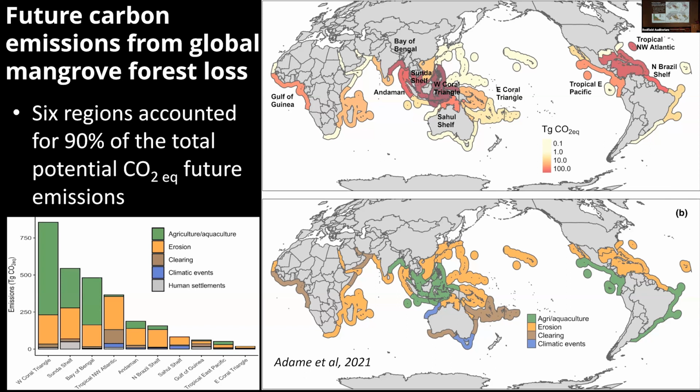And where we see a lot of it, again, this conversion happening, and the emissions in terms of CO2 coming from this are really happening within that area of Southeast Asia. Again, a lot of that's driven by, and I'll go into it shortly, just a few deltas within the region that have lost thousands of square kilometers of mangrove ecosystems.